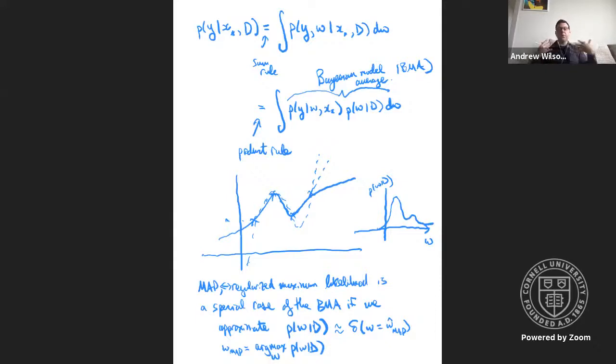And the classical procedure just says, well, let's just use this point. And let's ignore the fact that there are probabilities that W could be something very different, which might correspond to these different functions that I've drawn. The Bayesian approach says, well, let's actually just use the sum and product rules of probability and find what we really want to find, this predictive distribution, which corresponds to a Bayesian model average.